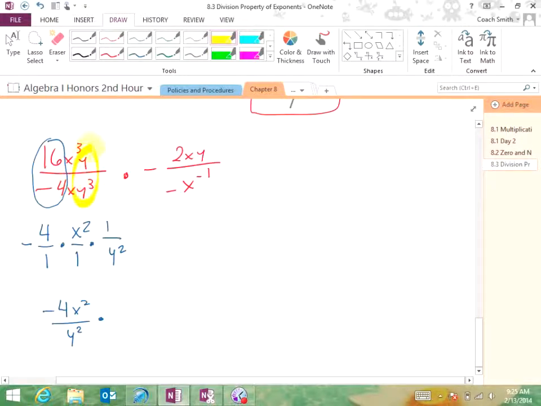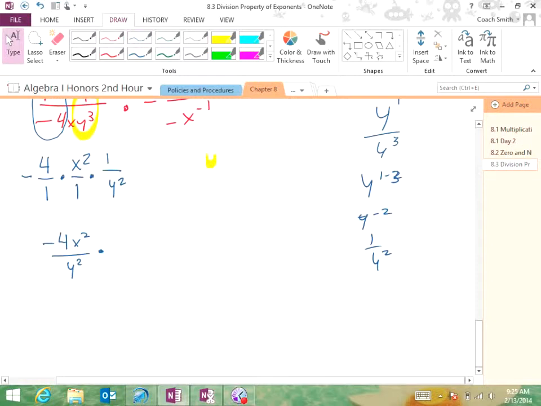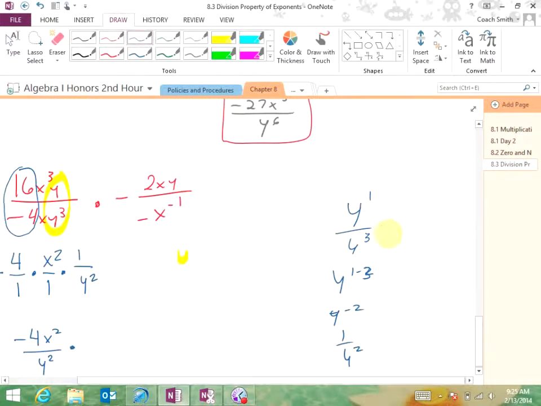Right here, Zach, that's y to the first over y to the third. So in my mind, I'm just doing this: 1 minus 3, which is y to the negative second power, which means that's 1 over y to the second. The other way to look at it is this way. The easiest way to look at these when you're doing division is if you can visualize this, here's what you have right here.